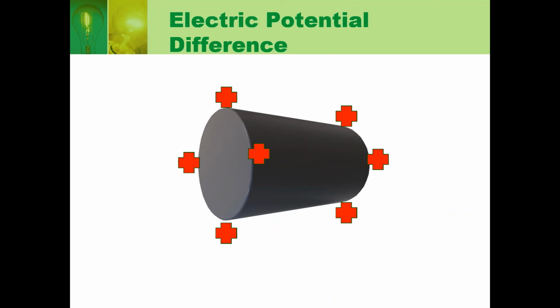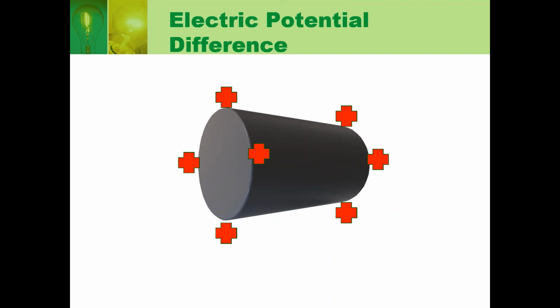This includes charges inside the conductor. A net force is required to keep the charges moving in one direction because they continually collide with the atoms of the conductor. This conductor is said to be in static equilibrium.